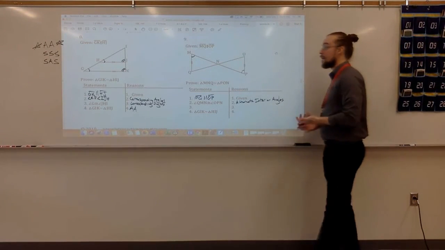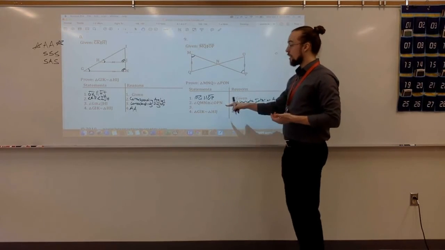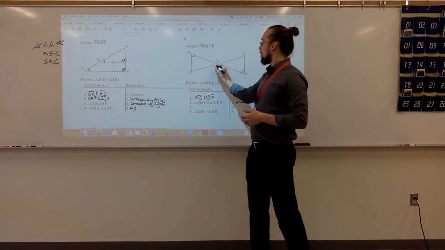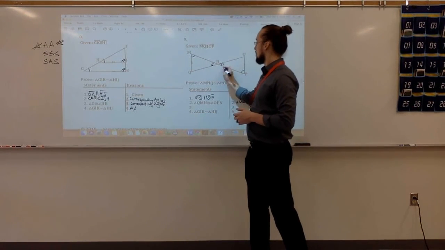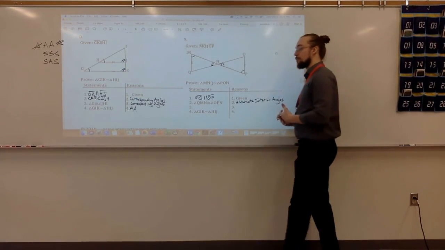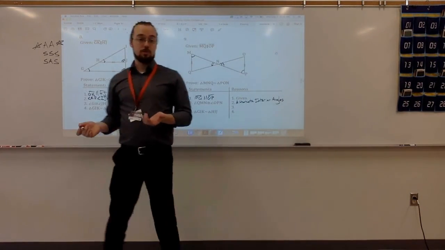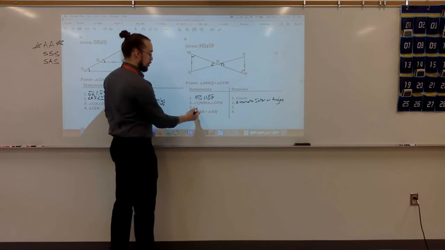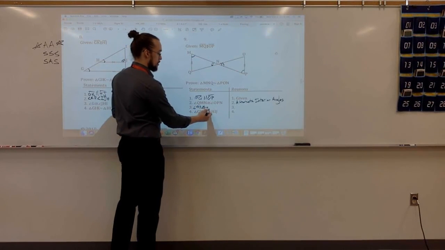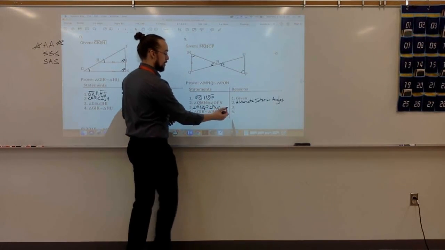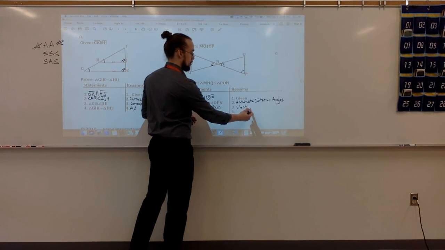Now I want to look for another pair of congruent angles. And again, we actually have two options here. Maybe the more recognizable one is that whenever we have angles across from each other like this, they have to be congruent because they are vertical angles. So I'll fill in that angle MNQ is congruent to angle PNO because they are vertical angles.